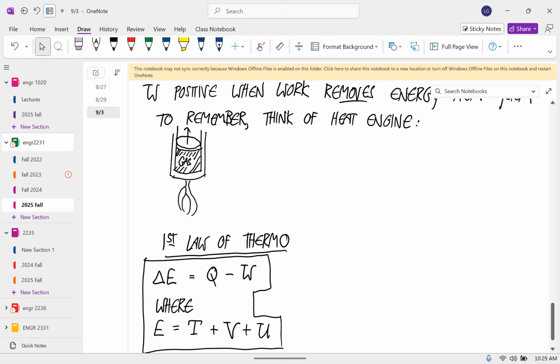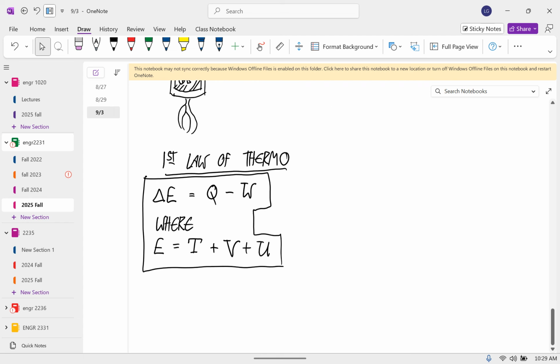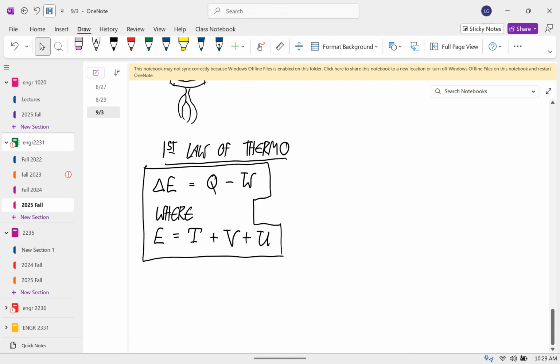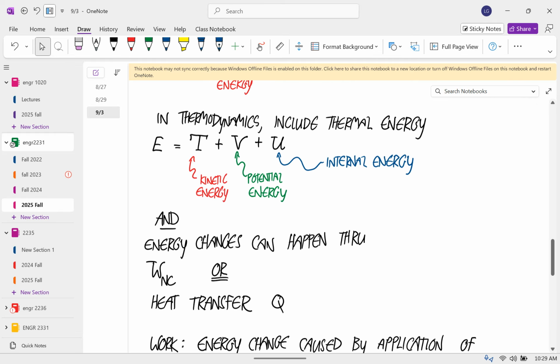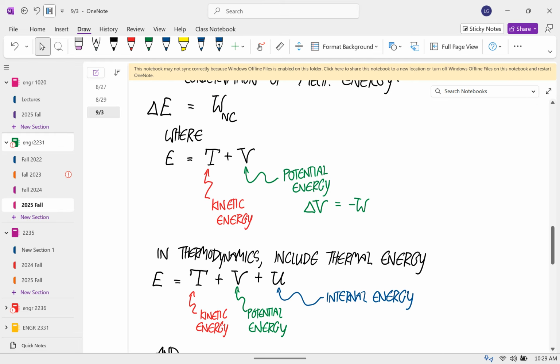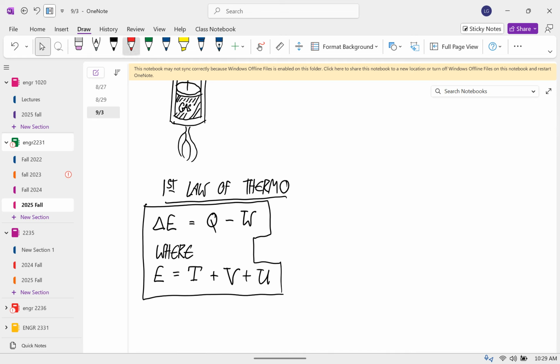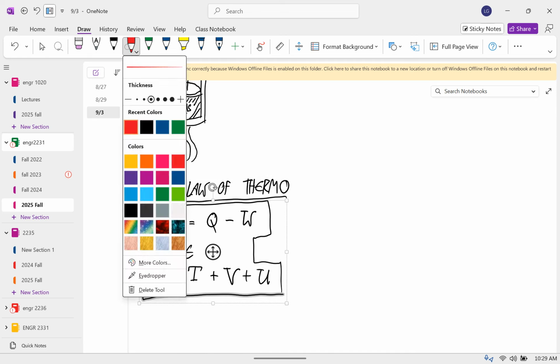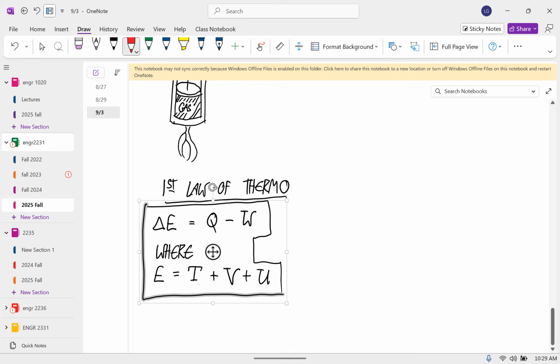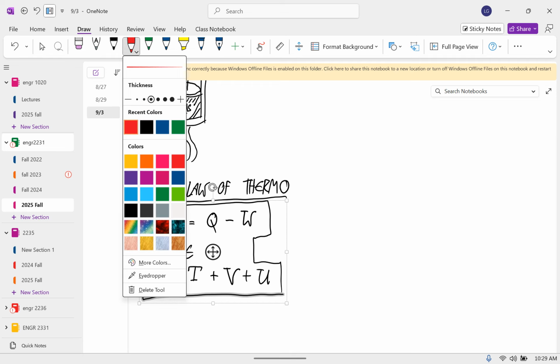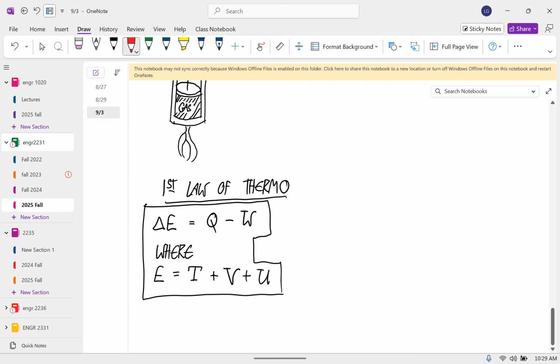One thing that I didn't put in here, and I'm not going to put in here, it's not normally written this way, but remember that work only refers to the work done by non-conservative forces. So I'll write that in red, but that's non-conservative. And then that V, that potential energy, only exists for conservative forces.